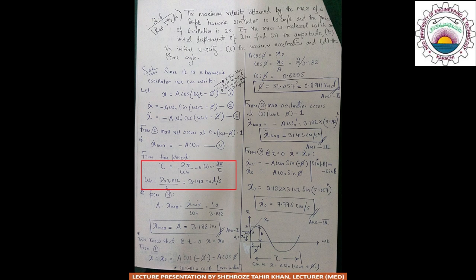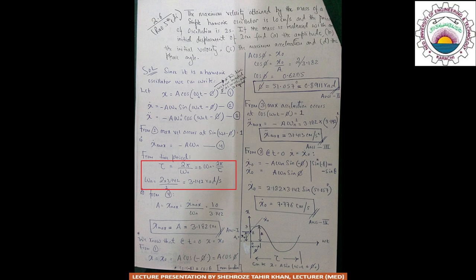From here we can calculate the natural frequency, that is omega n is equal to 2 times 3.142 divided by 2, and we have omega n is equal to 3.142 radian per second.